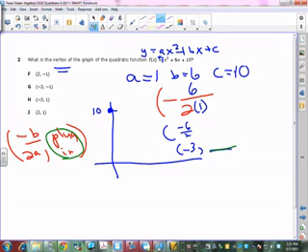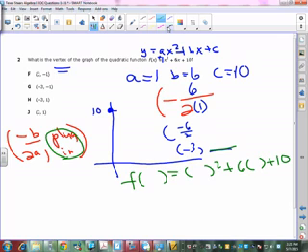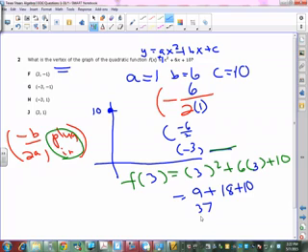So we're going to take the function, and everywhere we see x, we're going to plug in 3. So 3 squared is 9, 6 times 3 is 18, plus 10. 9 plus 18 is 27, plus 10 is 37.